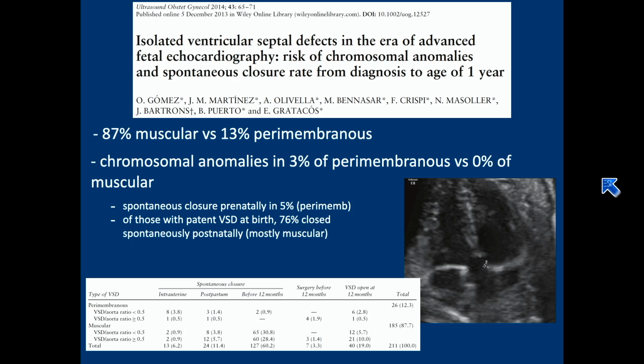What do I do personally? I make sure they have a low risk NIPT. Ideally, because I'm a little bit of a worrywart, I try to make sure there's a 22q deletion included in that. But this perimembranous cohort is going to include all those babies, the inlet VSD of Down syndrome and other things that are a little bit more tricky from a genetic standpoint.